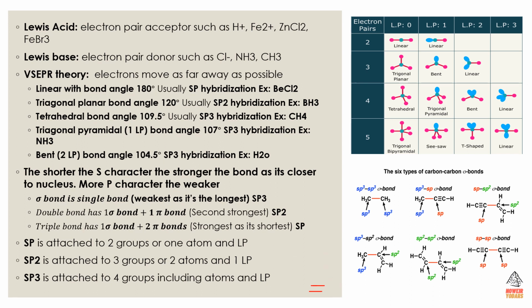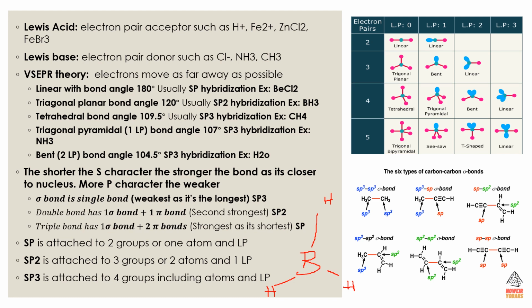Next you have, for instance, we said for the trigonal planar, BH3. In this case, are there any double bonds? Nope, there aren't, so it's a single bond.